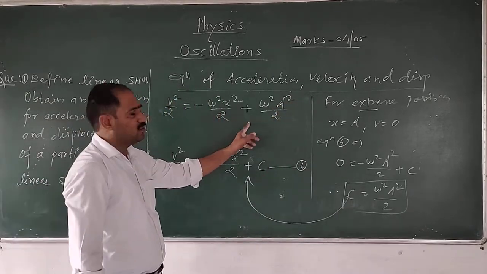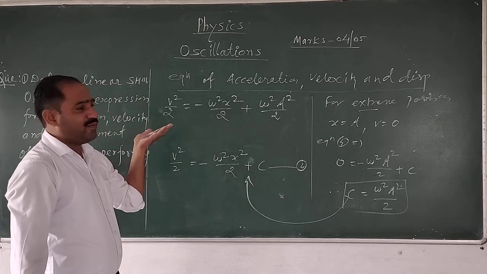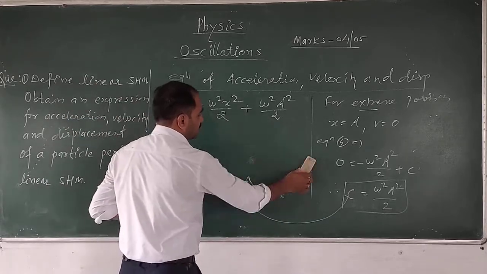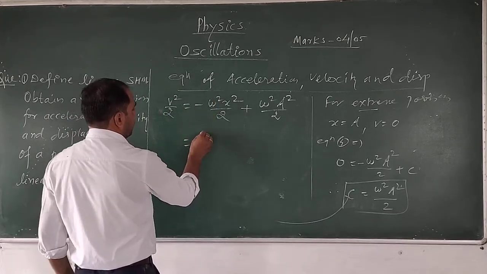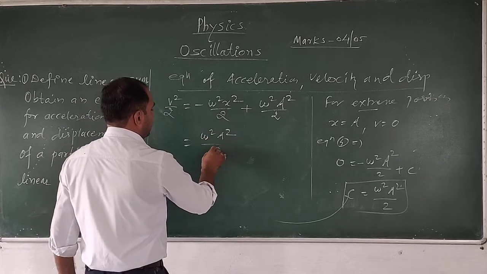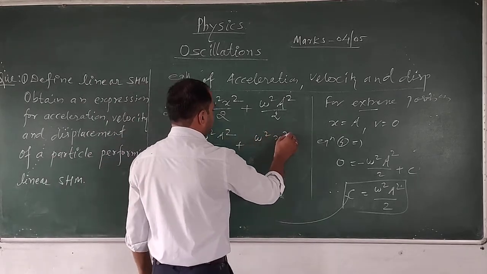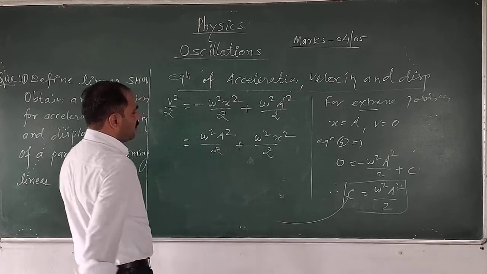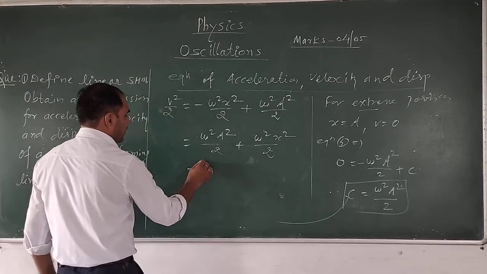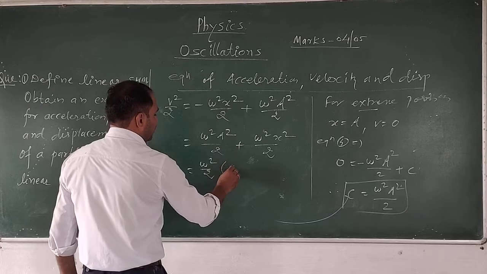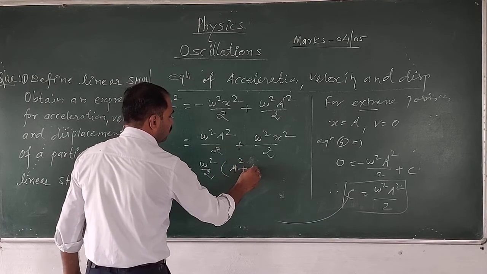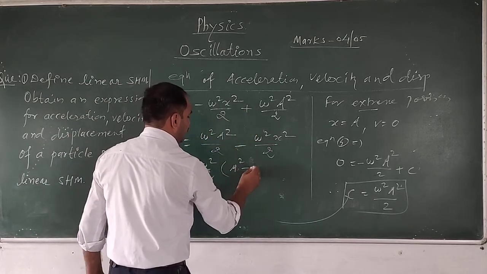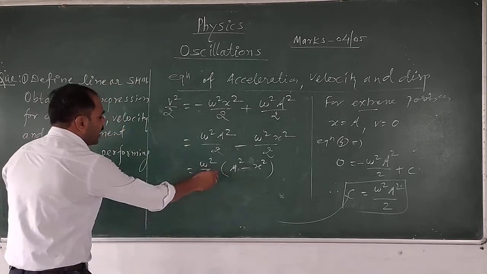Taking omega square by 2 common, it becomes omega square by 2 times A square minus x square.